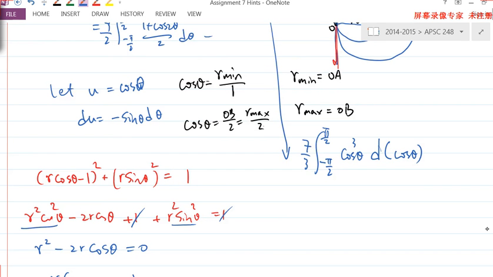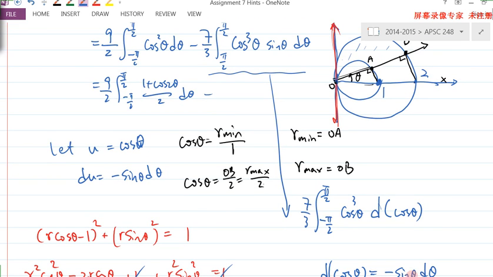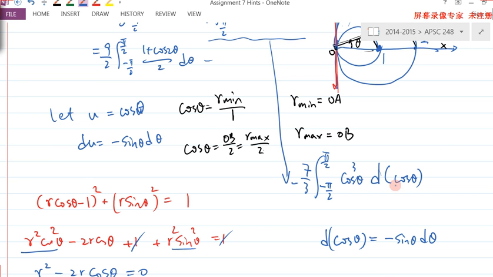So d cosine theta equals negative sine theta d theta. So you have the sine theta, but there's a negative sign here, so we have to get rid of it. We put another negative here. This negative will cancel that negative, and the two become positive. Then you have this cosine theta, same thing.